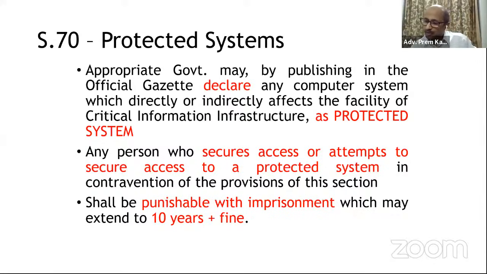It could also deal with national security, economy, health and safety. So all those that come under this are brought under critical information infrastructure. All those systems which form part of these critical information infrastructures could be made a protected system by an official gazette declaration.